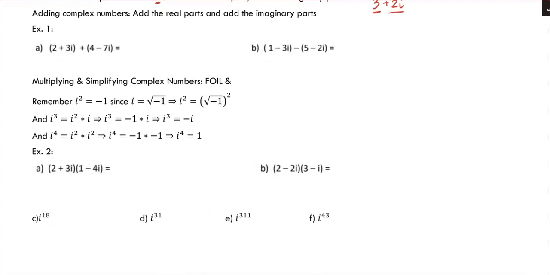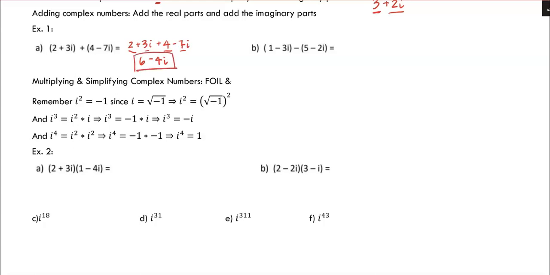So adding complex numbers is basically like combining like terms with the same variable. So you get 2 plus 3i plus 4 minus 7i. That's 6 minus 4i. We're combining the 2 and the 4 together, and then the 3 and the negative 7 together.